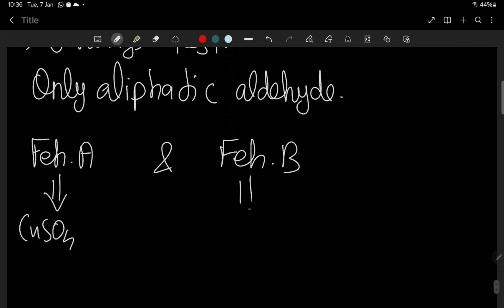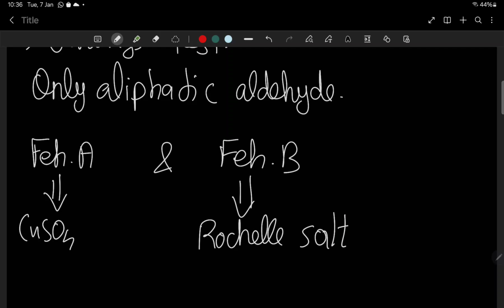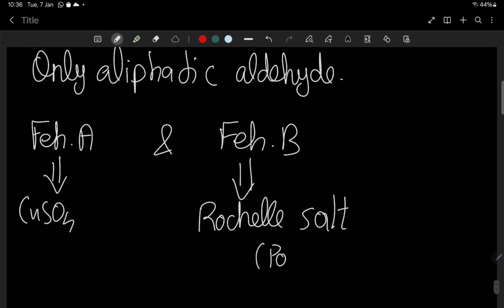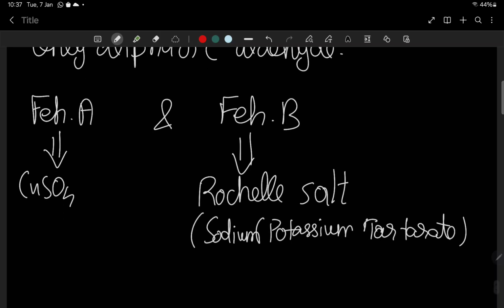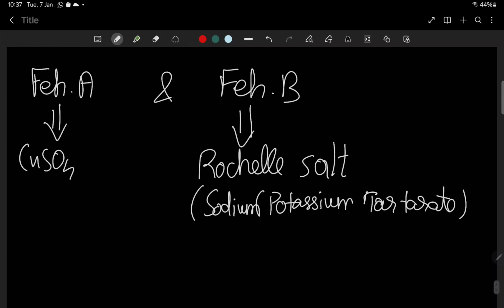Fehling B is Rochelle salt, which is potassium sodium tartrate.